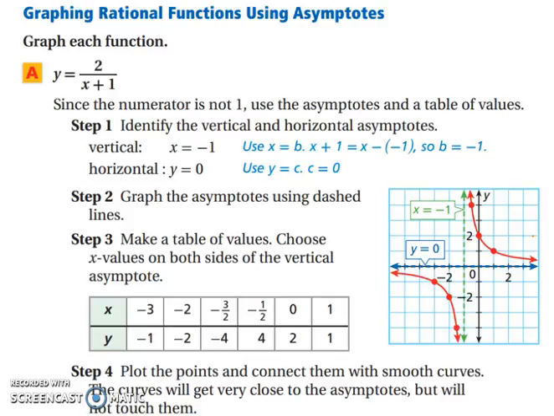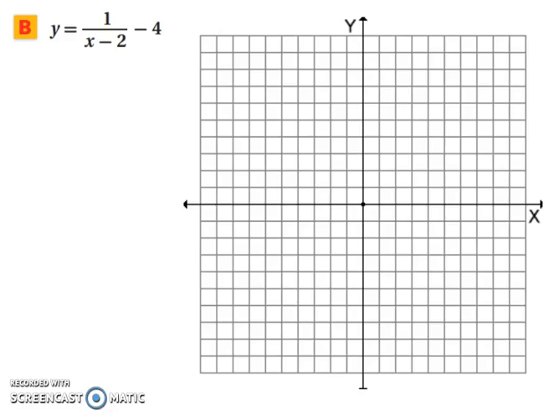Let's try another one. So we have y equals 1 divided by the quantity x minus 2, and then minus 4. So let's start with our asymptotes. We want to get our denominator to be 0, so we have our vertical. So we have, in this case, x is going to equal 2, and then our horizontal will be y equals -4.